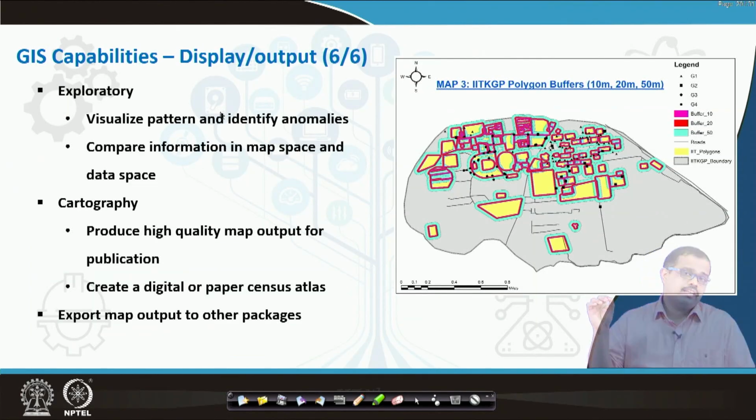And very interestingly, the last part is the display and output. Here we use exploratory display, where you have visual patterns and identify anomalies. For example, I have shown you here a partial map of IIT Kanpur. These are certain buildings in IIT Kanpur, and most of them are academic buildings.